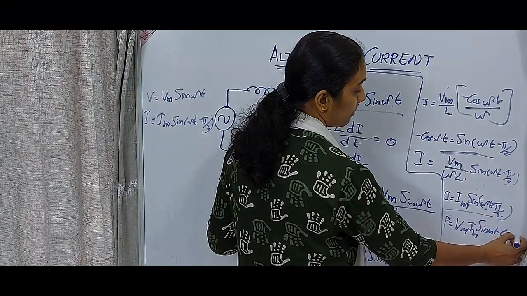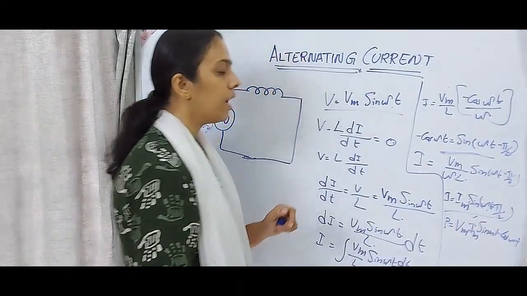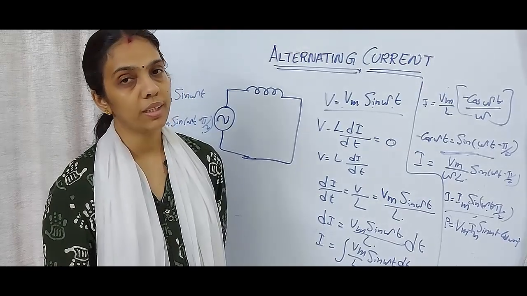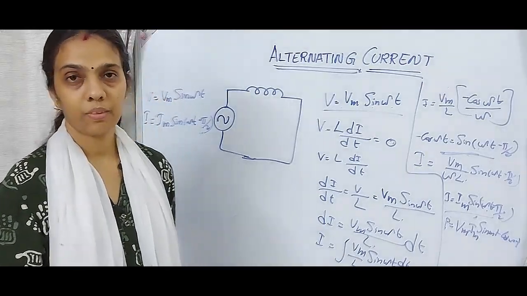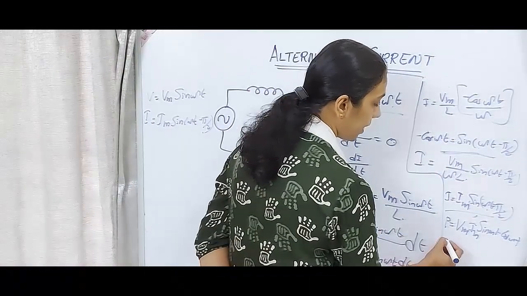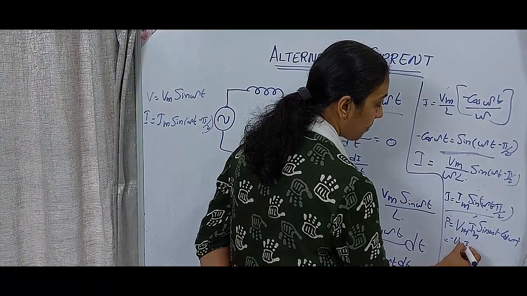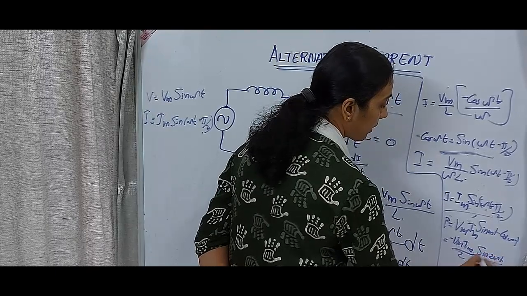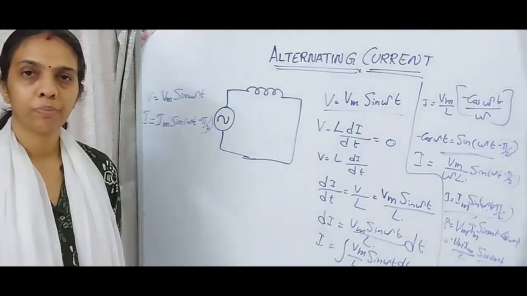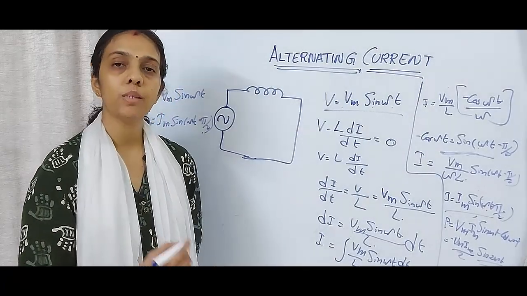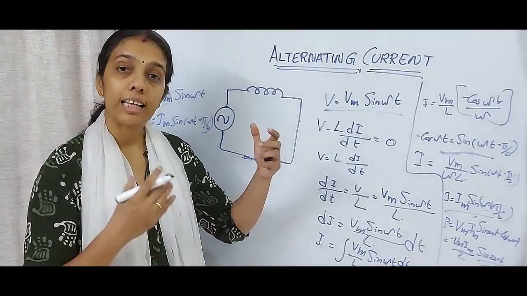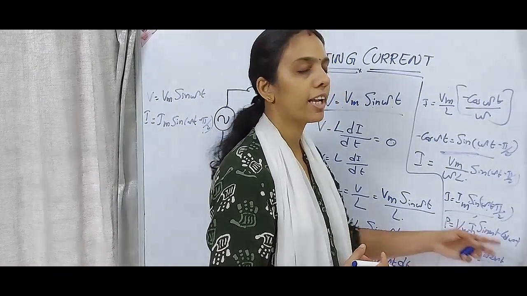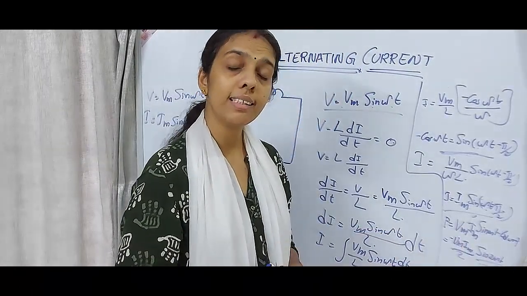Since 2 sin theta cos theta is sin 2 theta, we get P equals minus Vm Im by 2 into sin 2 omega t. This is the instantaneous power.